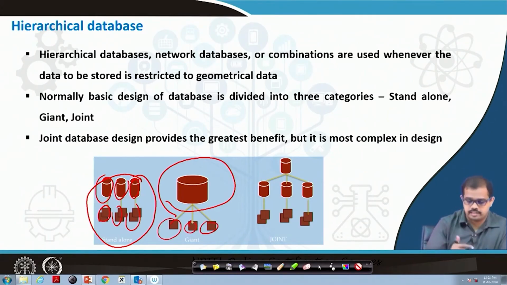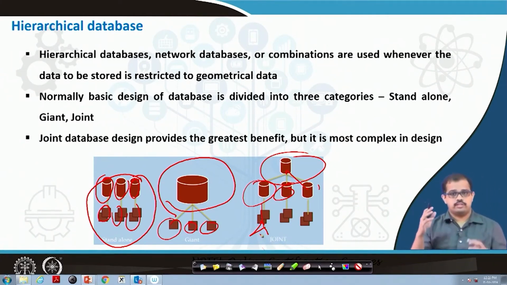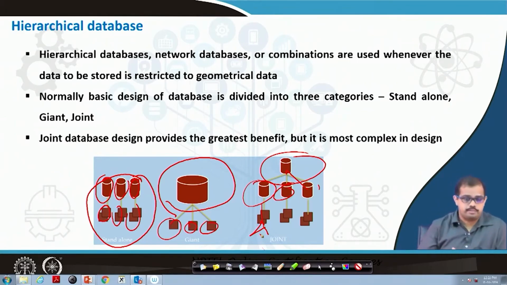A joint network has one giant network with multiple networks connected to it, and each of these may be a standalone network, or again another giant network having multiple users. So a combination of standalone networks, giant networks, or many giant networks forms a joint network.